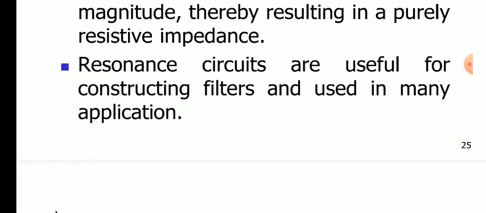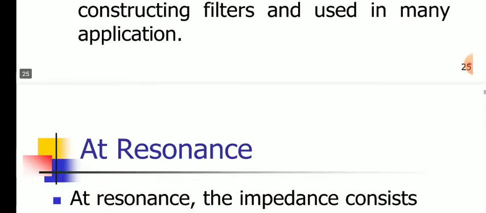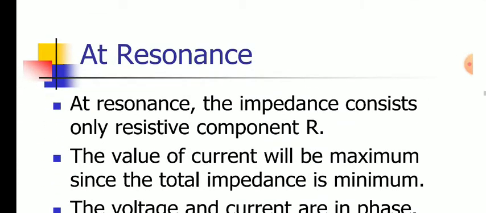Resonance circuits are very useful in constructing filters. There are four types of filters: band pass filter, high pass filter, band elimination filter and low pass filter. For the construction of these filters in many applications, these resonance circuits are very useful.